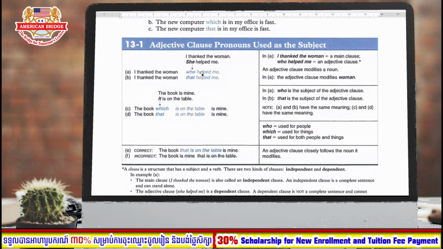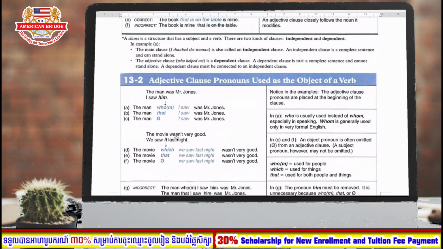When who, that, or which is followed by a verb, you automatically know it is the subject. But when who, that, which, or whom is followed by another subject pronoun, for example I, we, you, they, he, she, it, then it is the object. Be clear with that.